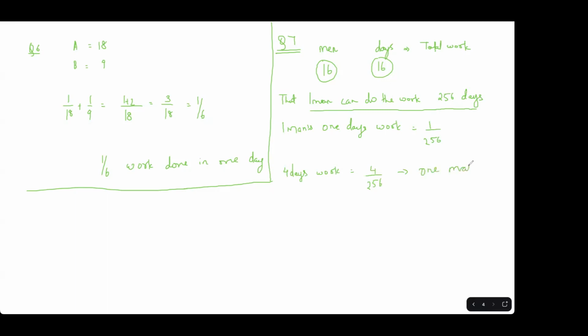Now how many men do we have in all? 16. So 16 men's 4 days' work will be how much? 16 into 4 upon 256. 16 into 16, 4 into 1, 4 into 4. So how much work have they completed? 1/4. Understood?